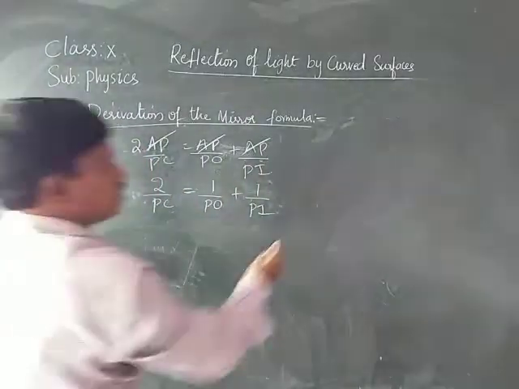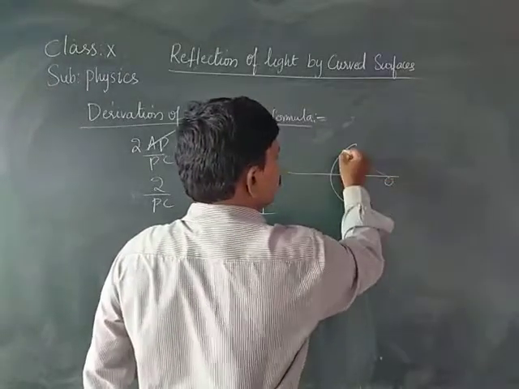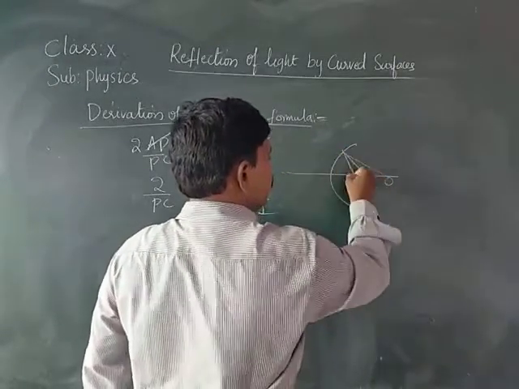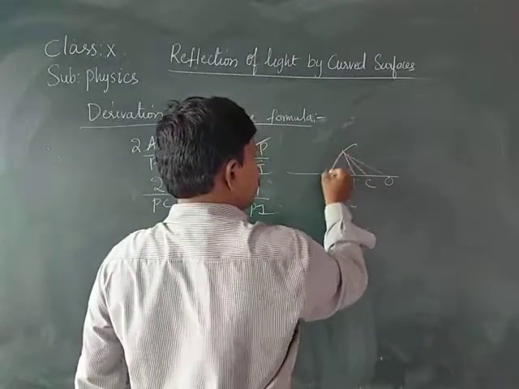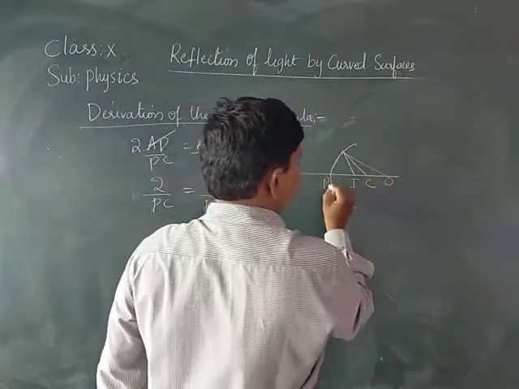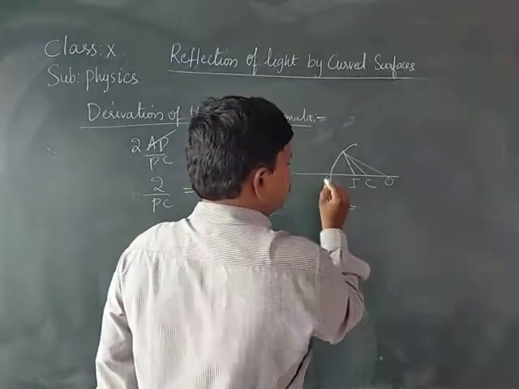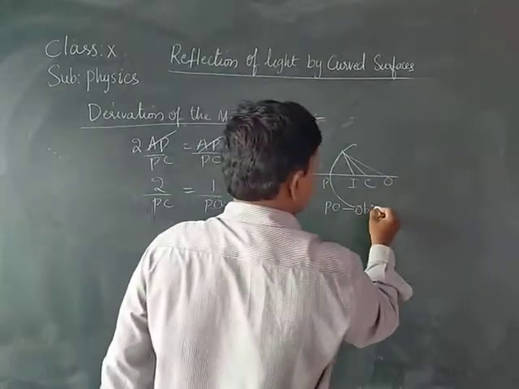Here, PO is the distance between the pole and the object, called the object distance.